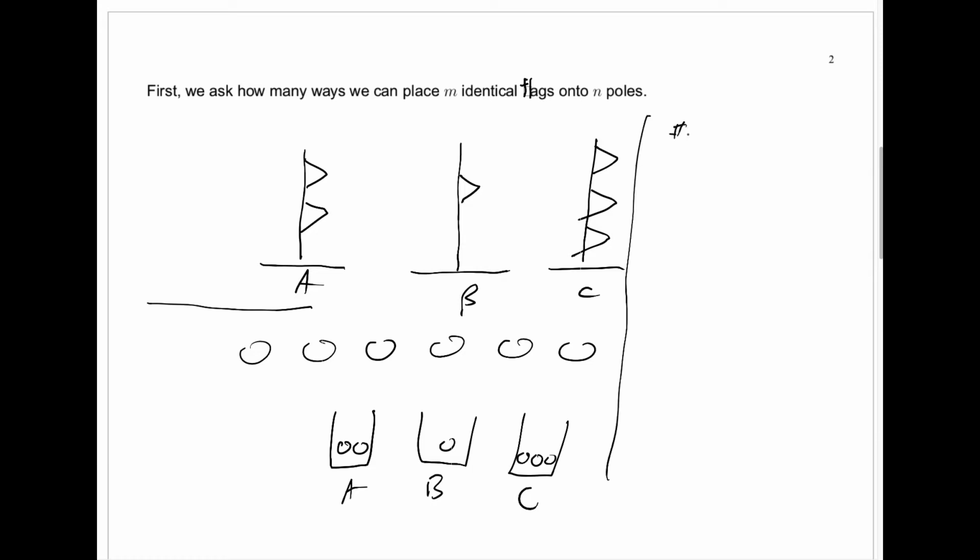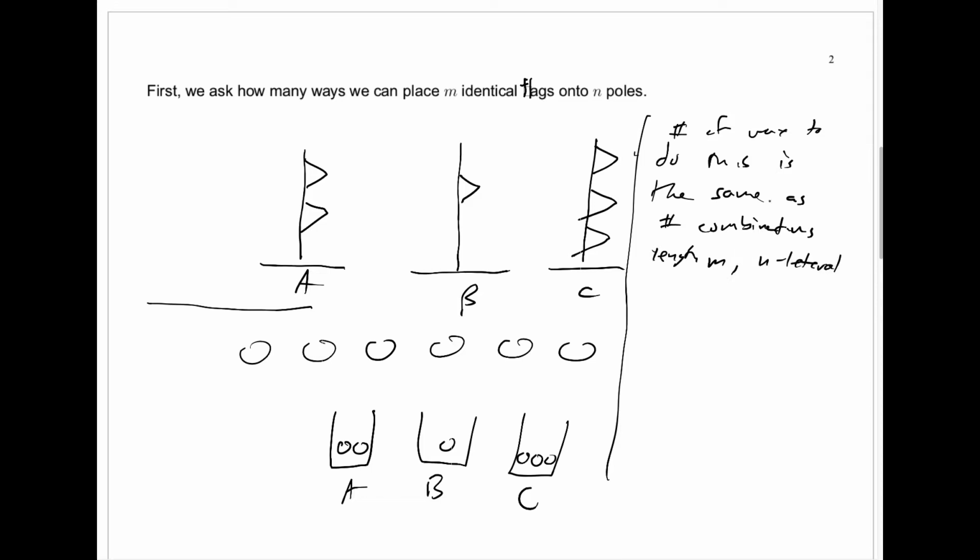The number of ways to do this is the same as the number of combinations of length m from an n-letter alphabet.